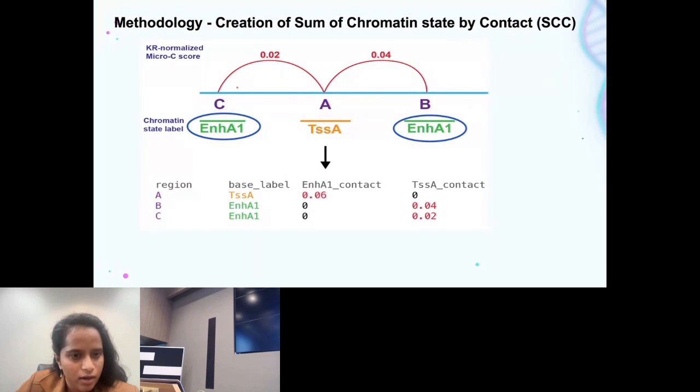You can see for region A across the rows, and you have the columns which correspond to the contacts it has. So region A has contacts with B and C, which is enhancer A1. That's what you see here.